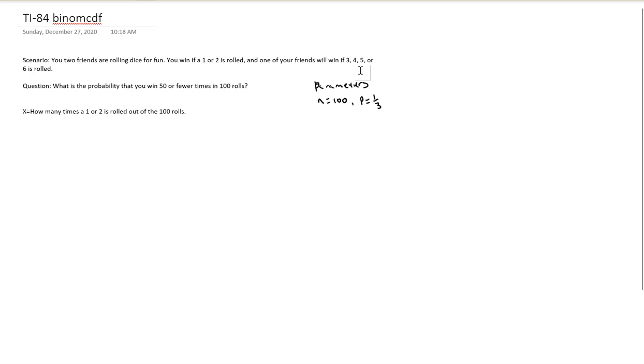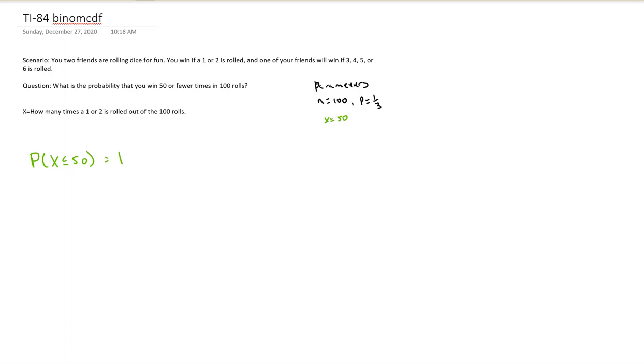So what we're interested in here is the probability that you win 50 or fewer times in 100 rolls. So we are interested in the probability that your random variable is less than or equal to 50. So I have my little x being 50 here. Now, you can always write out what this equation really says by hand.